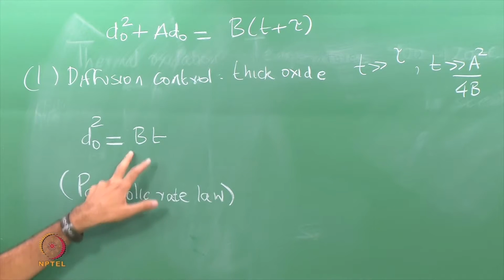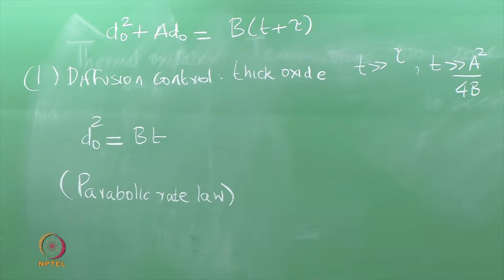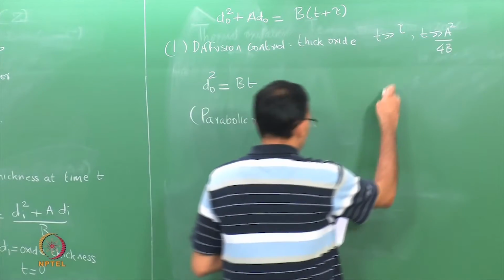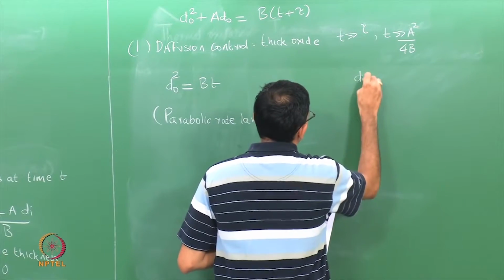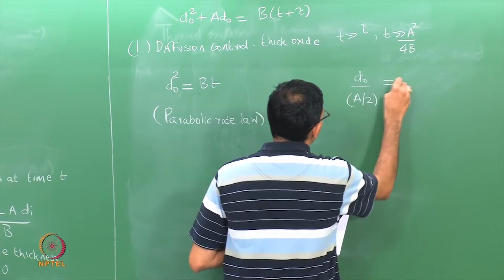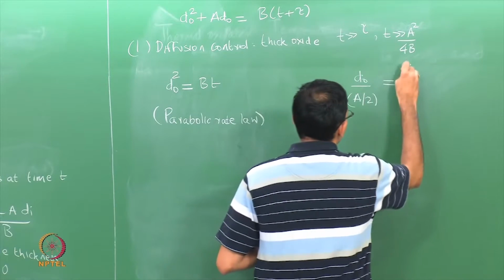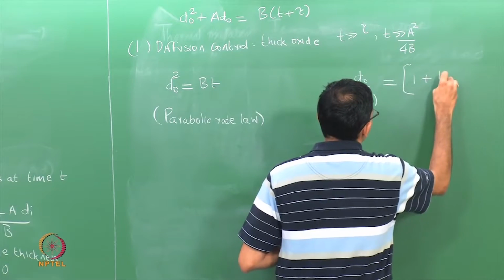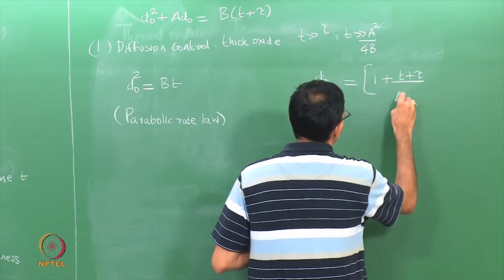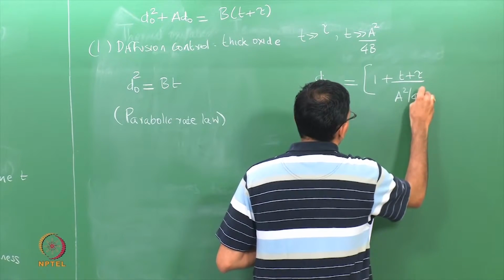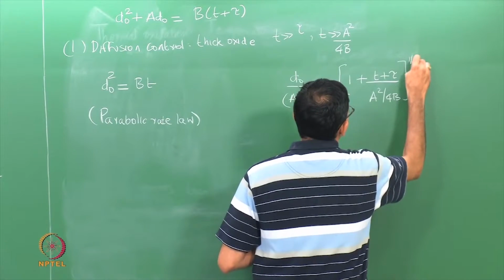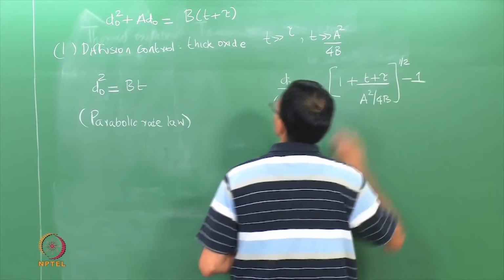To see how we get this from the general equation, we can rearrange the general equation to write this as d naught over A over 2 is equal to 1 plus T plus tau over A square over 4B, whole power half, minus 1.